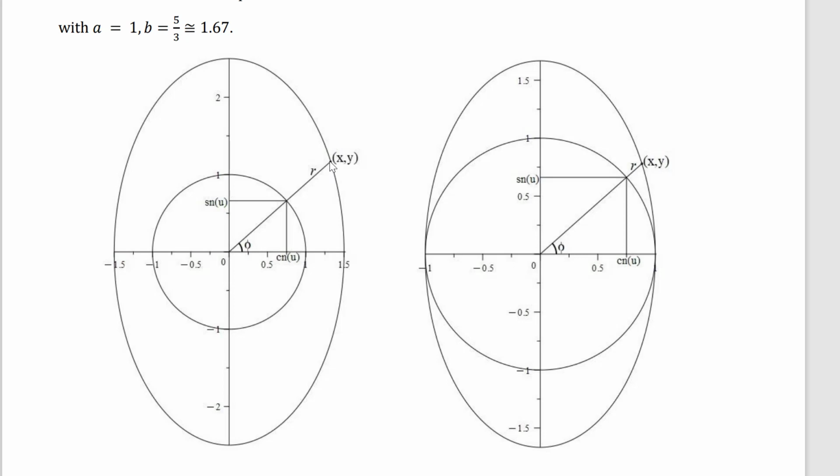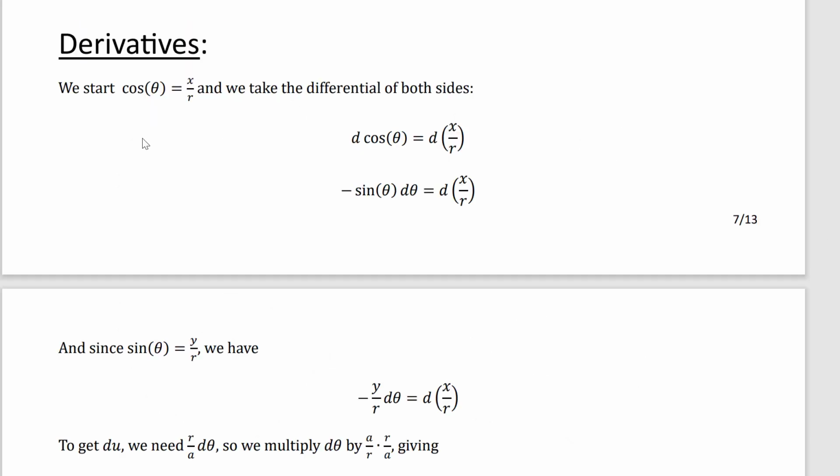So x is r cosine phi, takes me to x from the origin. And similarly, y will be r sine of phi, because phi is essentially the polar angle. So if I'm defining cn u as x over r, and I want the derivative cn u du, then I'll need the derivative of x over r.